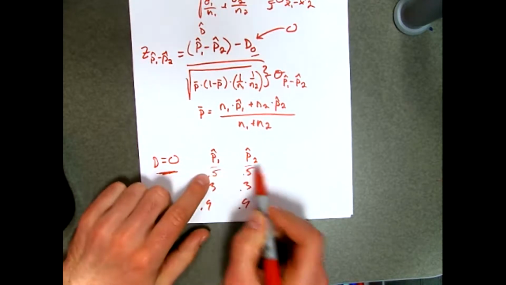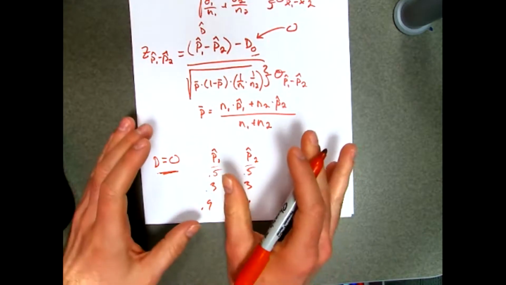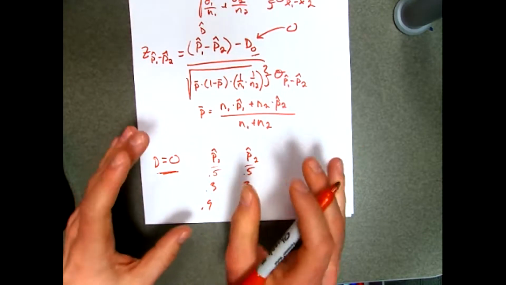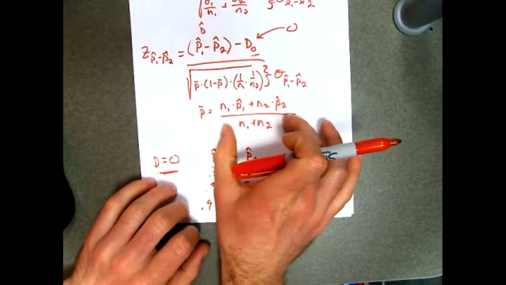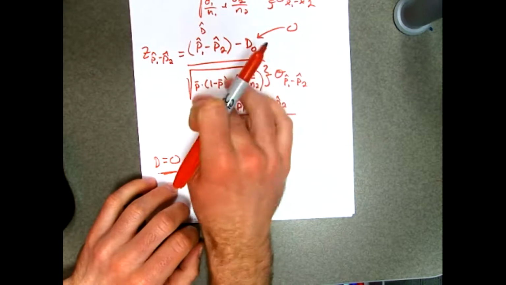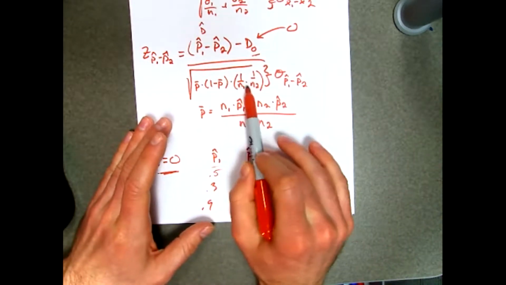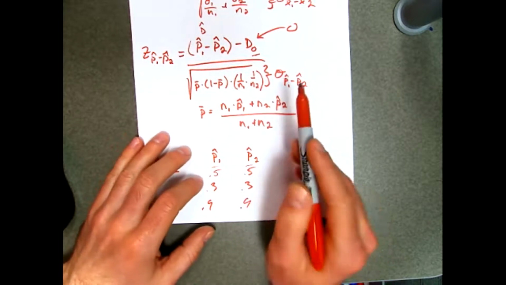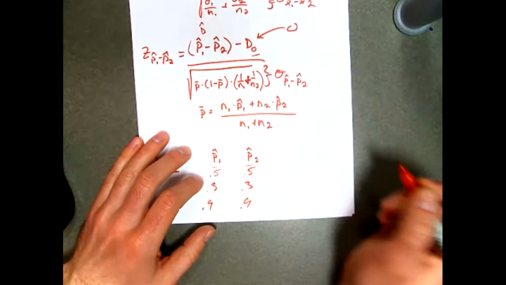So we're going to have to use our sample proportions to come up with the best guess of where the population proportion actually is. So then we're going to take kind of like the average across the two. Using that average, that p-bar, we're going to weight it by 1 over what each group's sample size was. Also, sorry, this looks like I'm multiplying. This should be a plus in between those two.